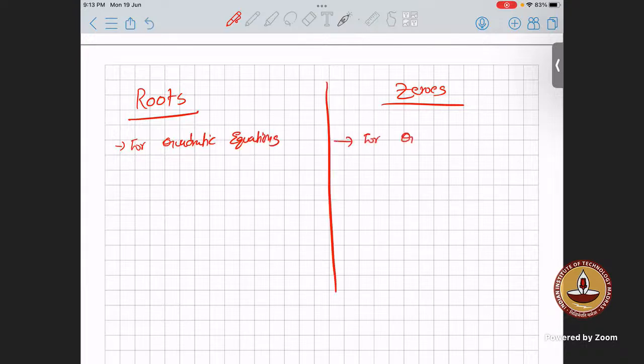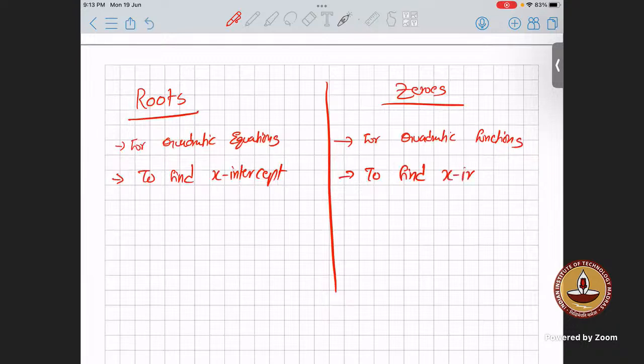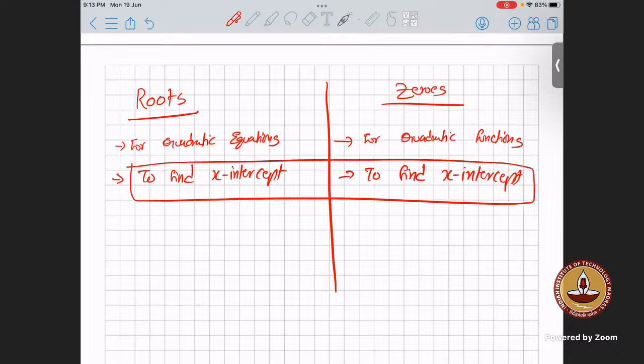Why are roots and zeros useful? To find the x-intercept. When we are dealing with quadratic equations, we say roots, and when we are dealing with quadratic functions, we say zeros.